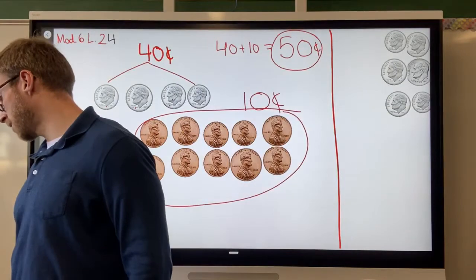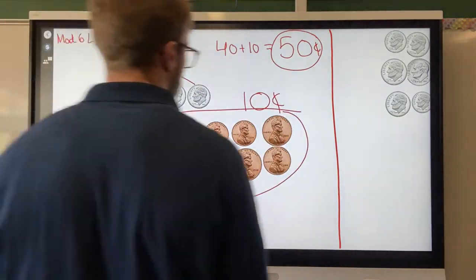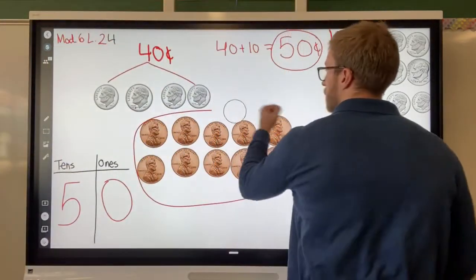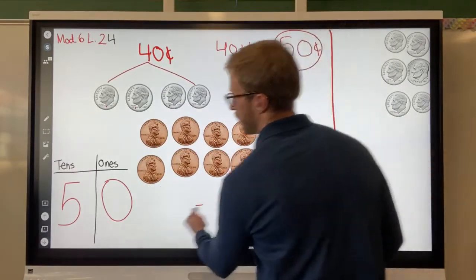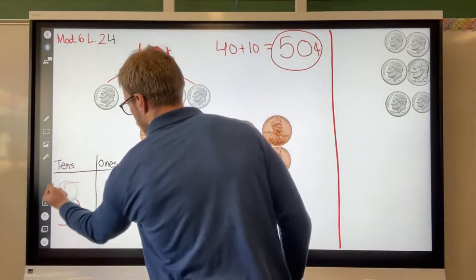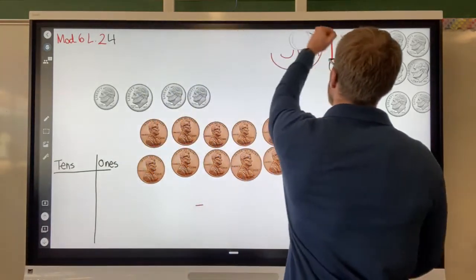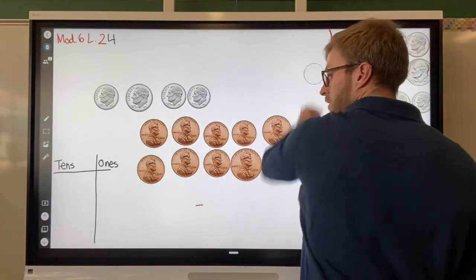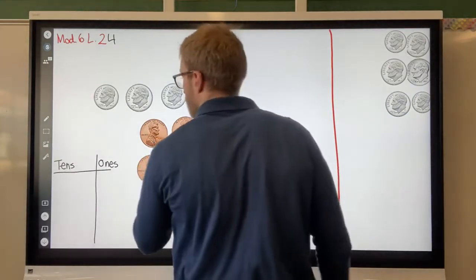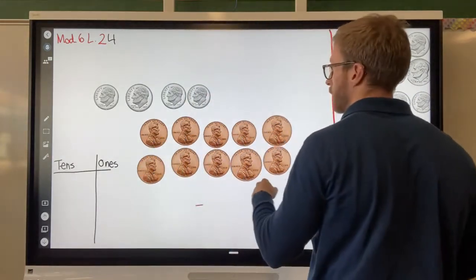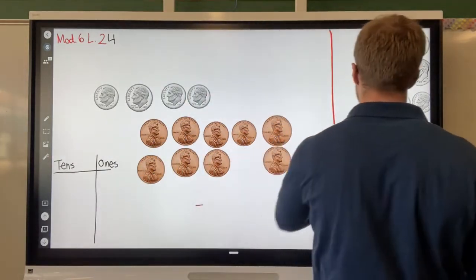Let's keep counting change. Okay, let me erase and get back to the correct amount that I want on our screen. Make sure you have a blank spot as well. I need a couple less of these.